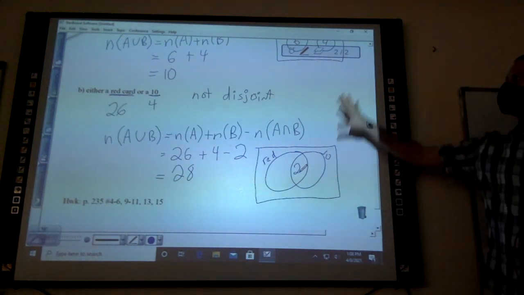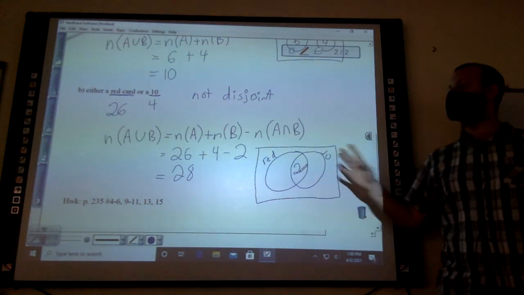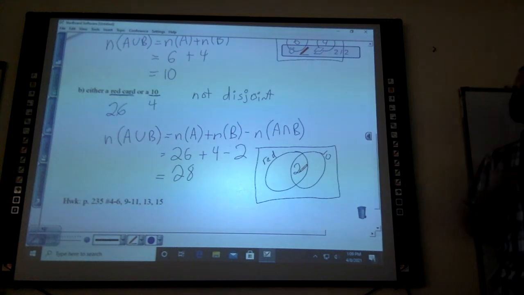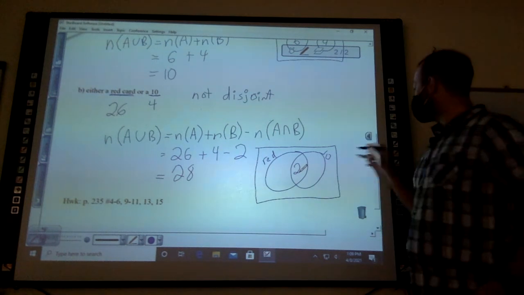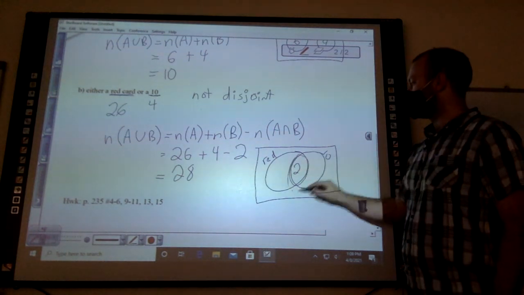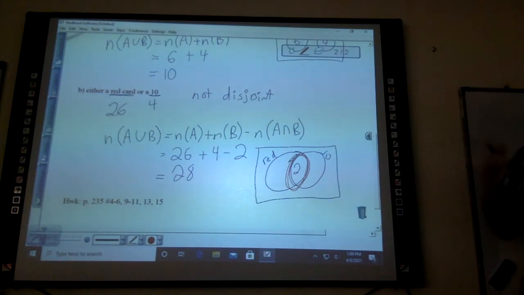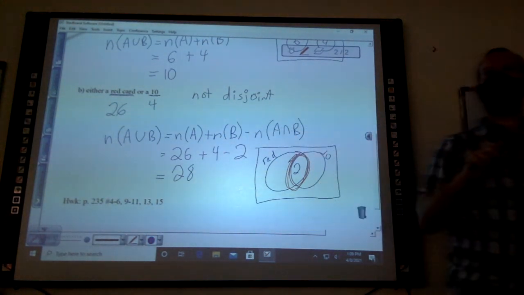So this is what you should be thinking in your head. You do not need to draw this, although if you did, I would give you a part mark for that. So if you wanted to draw it, you could. But this is what you need to think in your head. Is there an overlap? Is there an element that is in both sets? If there is, it tells you this equation. If not, it tells you the other.